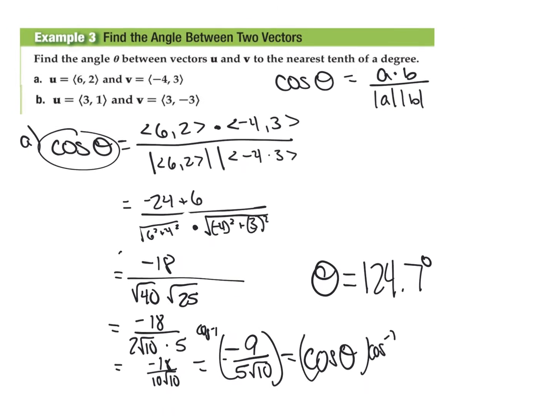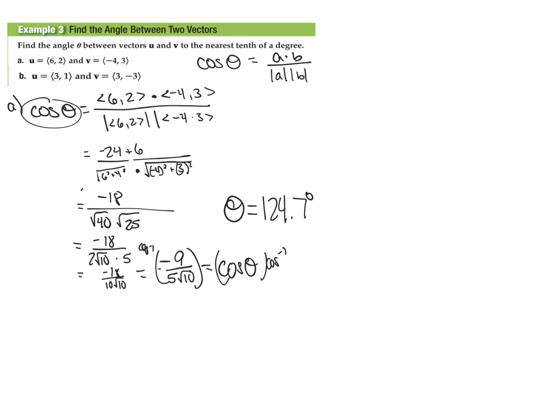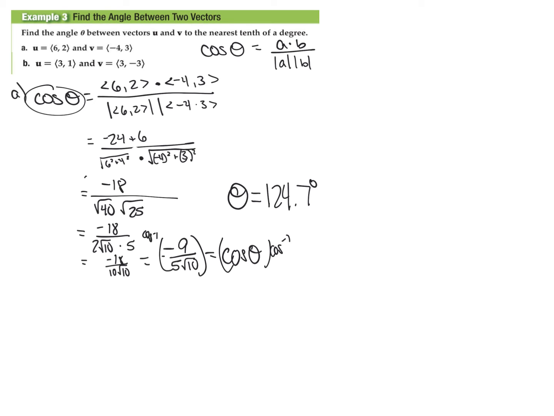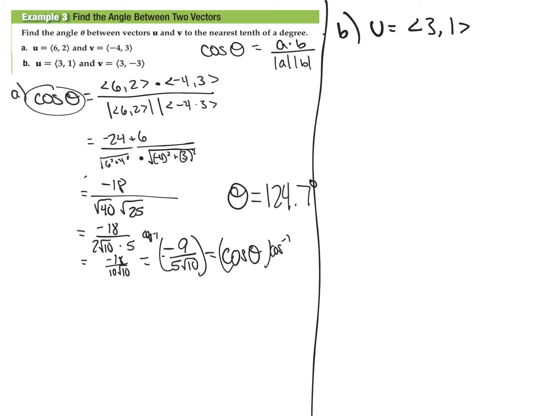Let me minimize this. And then, so for B, let's draw a line out. We'll use this whole side. For B, we've got vector u equals <3, 1>, and vector v equals <3, -3>.